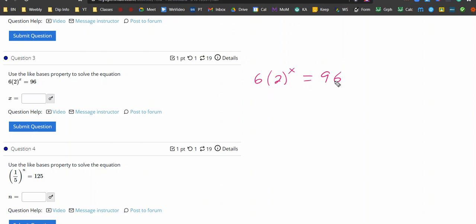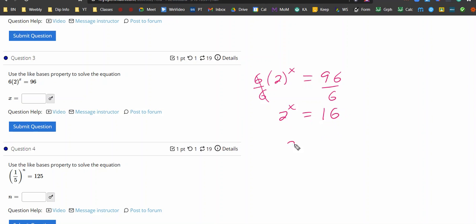So the way you're going to handle these ones is to first get that 6 out of there, right? I want this just to be some base to the power of x. So I'm going to divide this side and this side by 6, right? So then what we'd end up with is 2 to the power of x is equal to, and then 96 divided by 6 is 16. And now we're kind of set up. We're ready to rewrite this one.